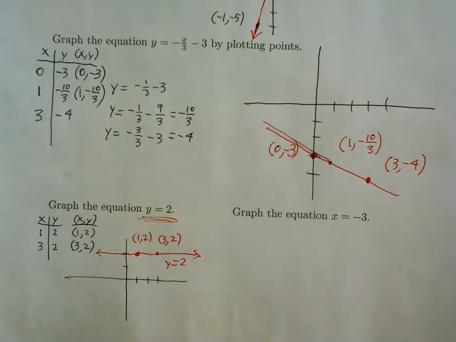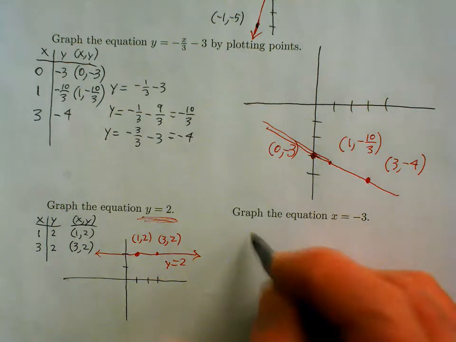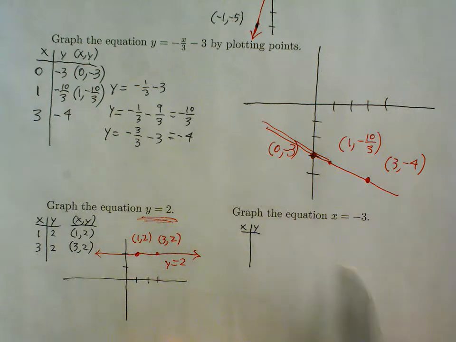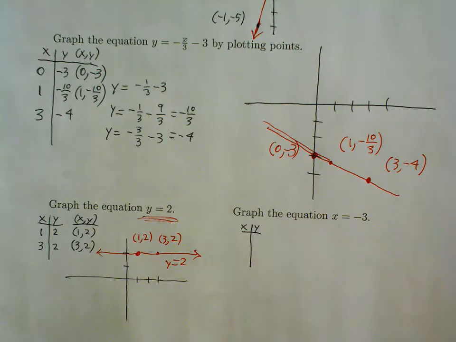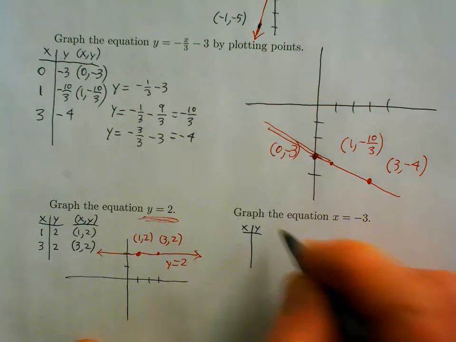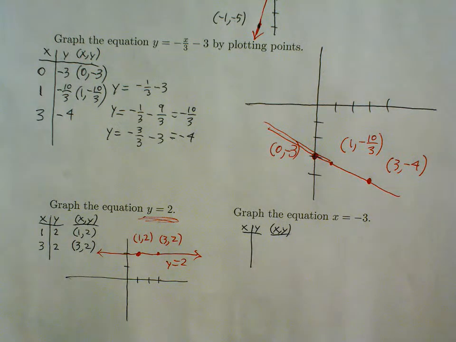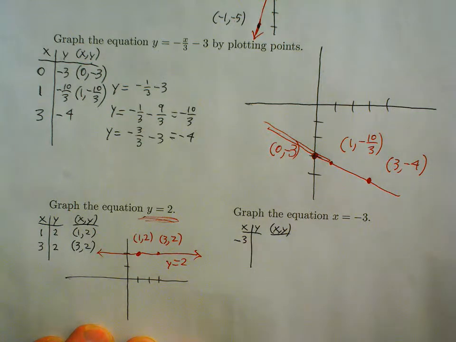Okay, let's graph the equation x equals -3 in the xy plane. This time the variable y is missing. What does that mean? Yeah, this time it means y can be any number as long as the x coordinate is -3. So if I pick x to be -3, I can pick y to be any number.